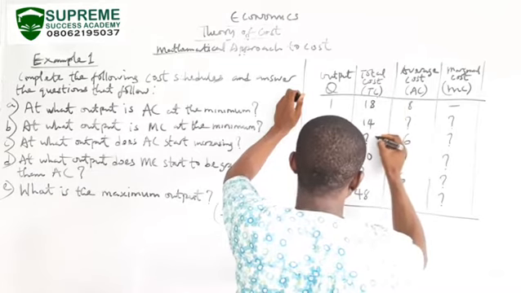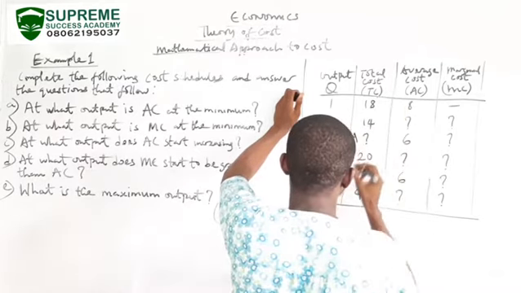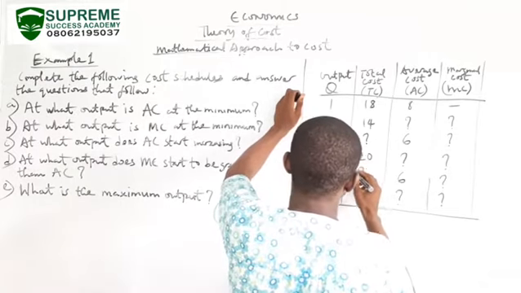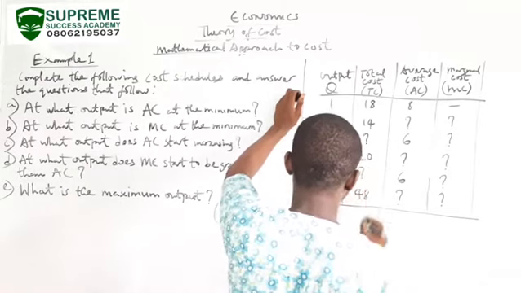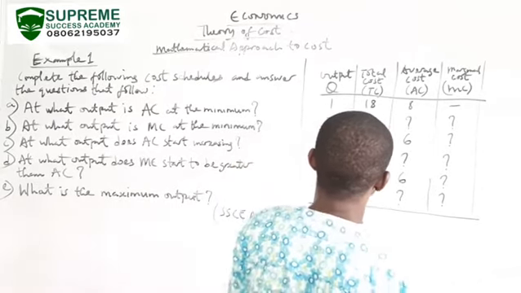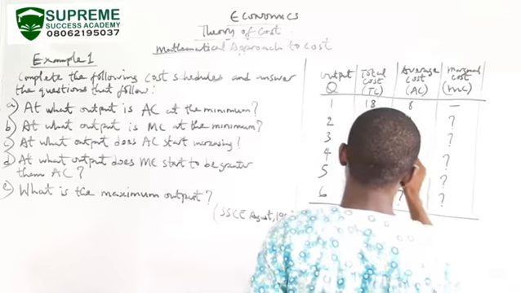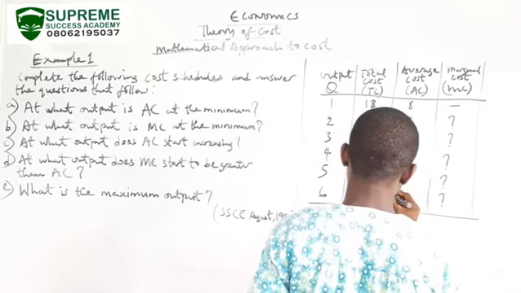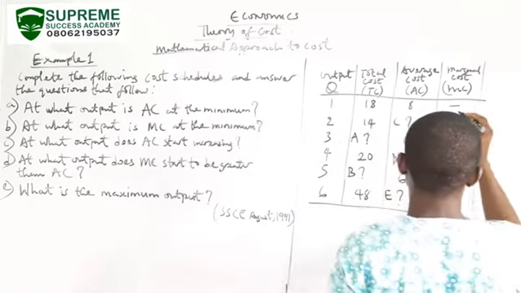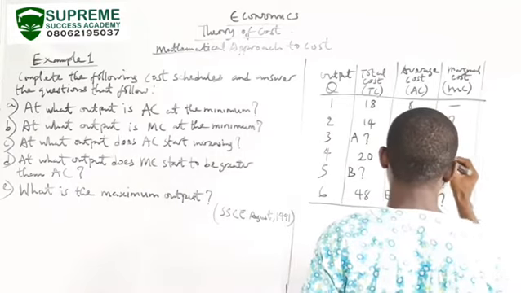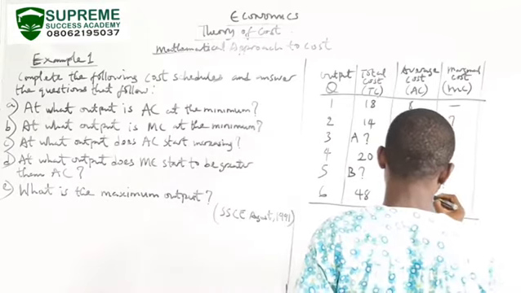So let me label this as A. This particular one, we don't know the total cost. Let me label this as B. This particular one, C. This one D. This one E. This one F, G, H, I, J.